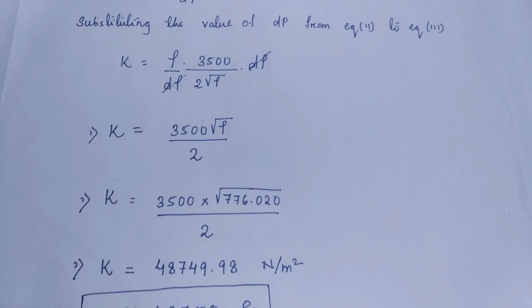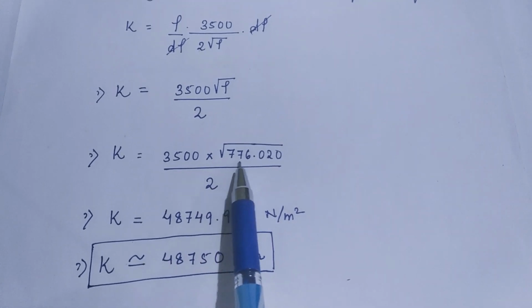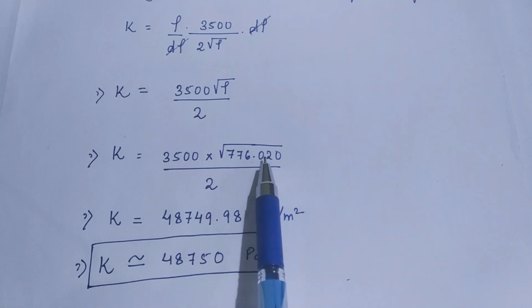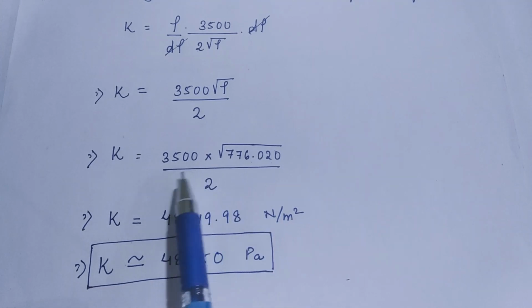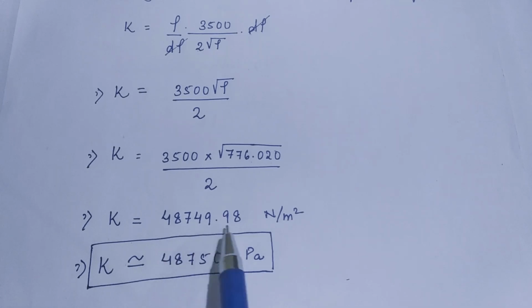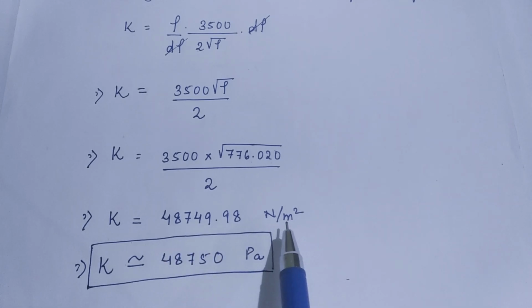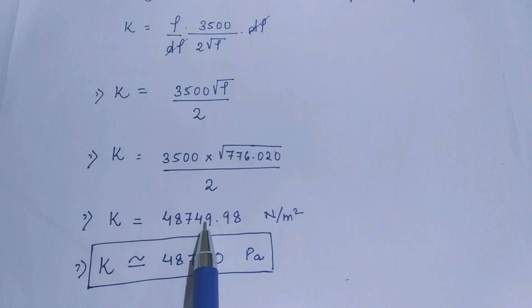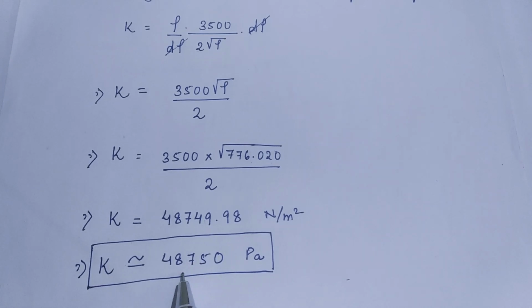Already we have the magnitude of rho, that is 776.02. So after substitution here, we get the value of K equal to 48749.98 Newton per meter square. But in the options, the nearest value given is 48750 Newton per meter square. So we go for this option, that is 48750 Newton per meter square, that is Pascal.